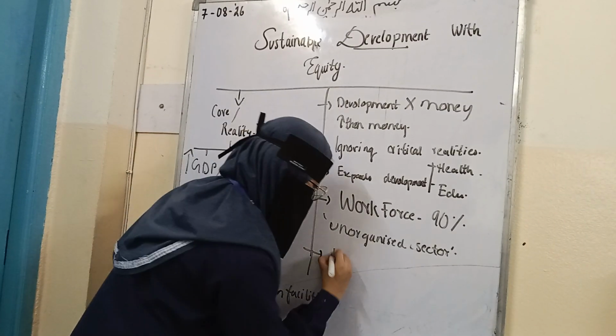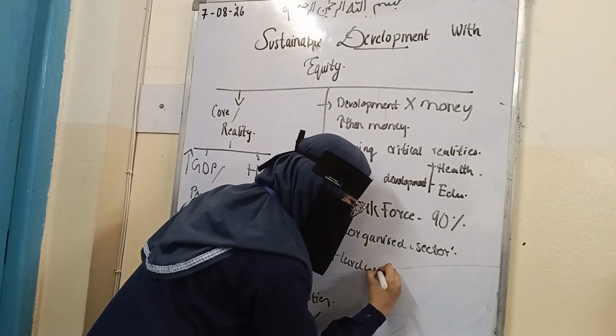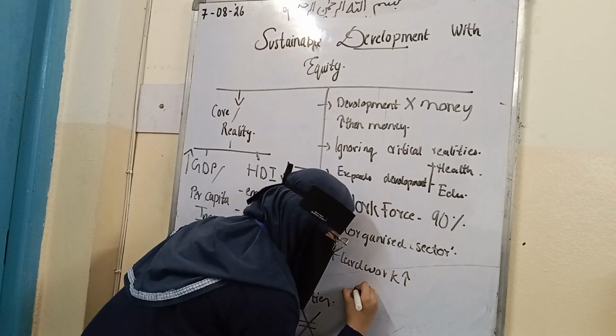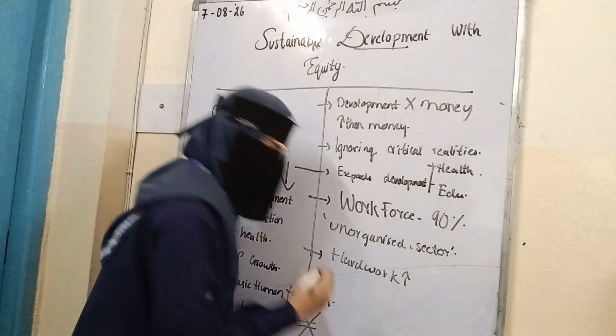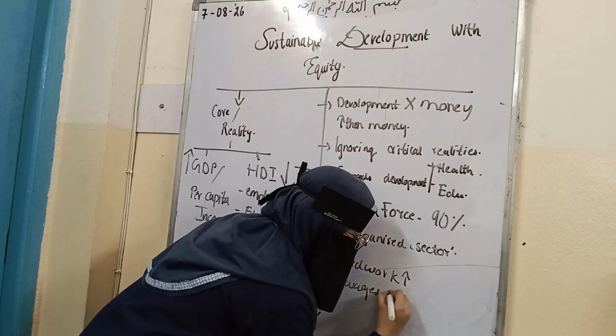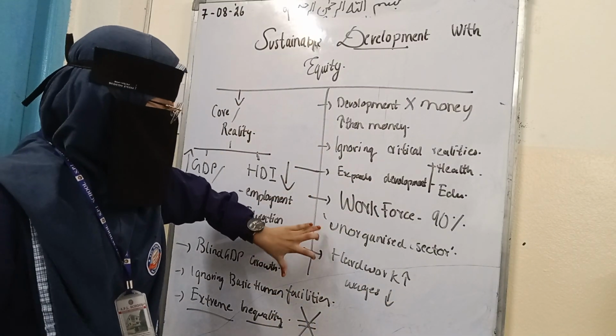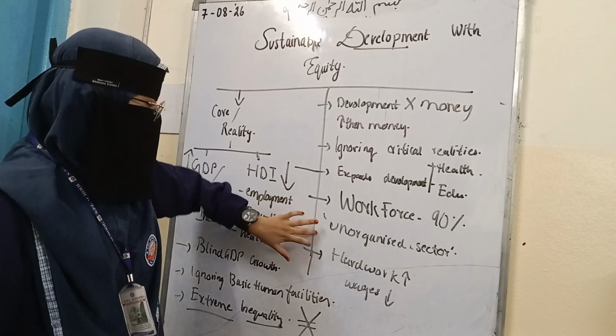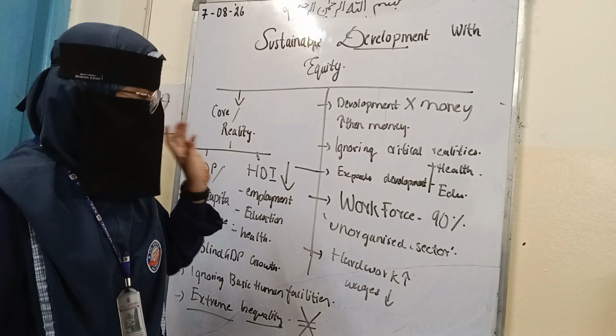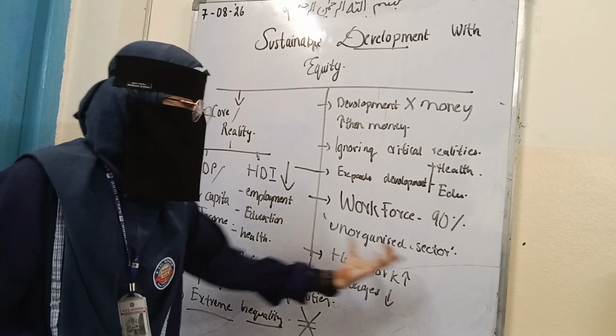Hard work is more, but wages are very low. They don't have proper security of their food or their income, nor holidays, nothing. It is called the unorganized sector.